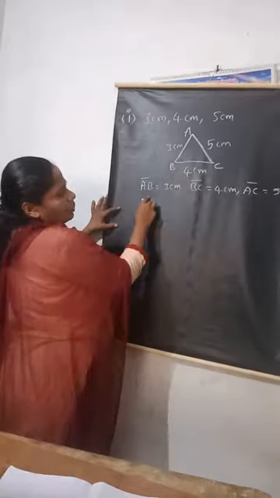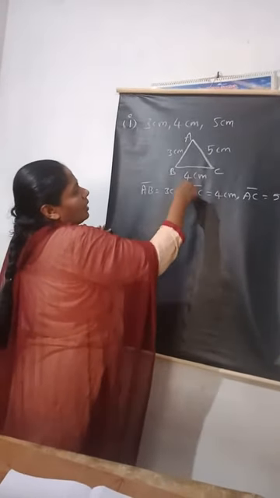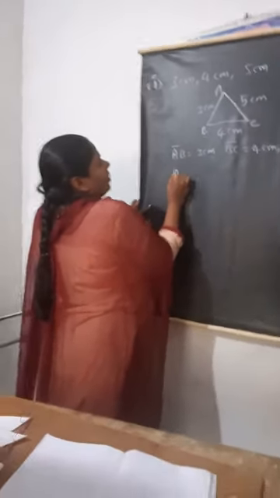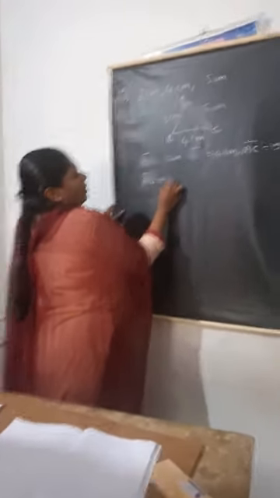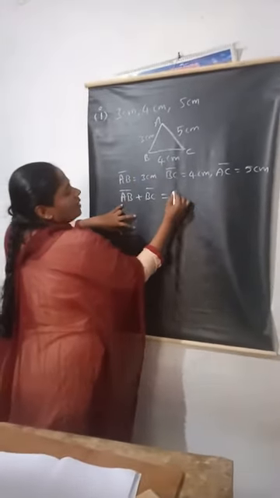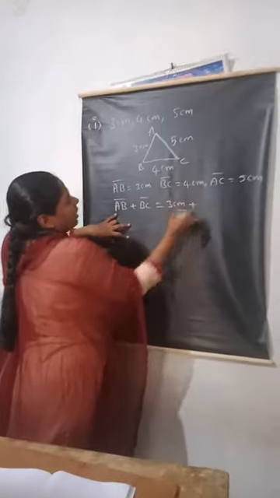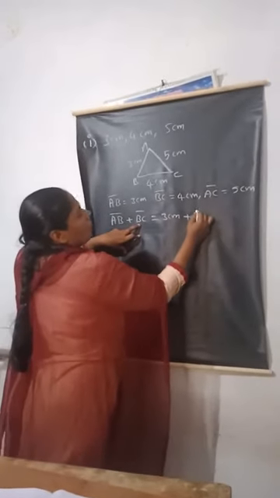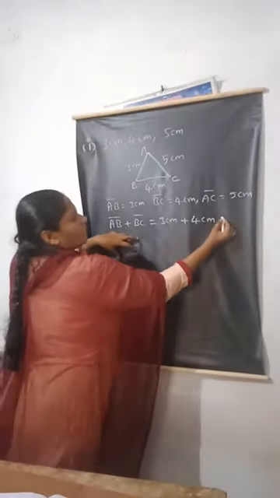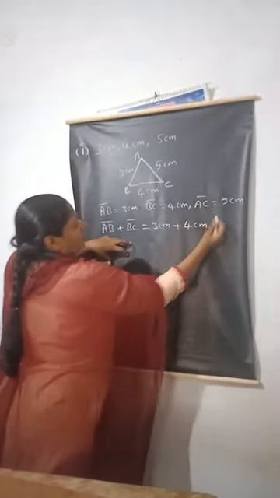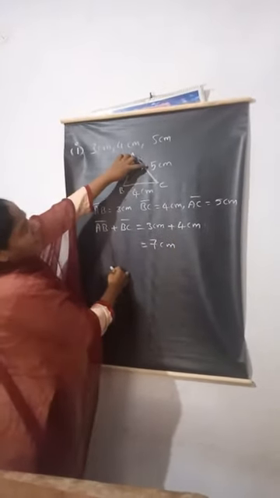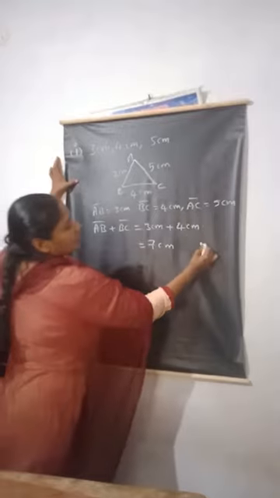Now, adding any two sides, the measure should be greater than the third side. AB plus BC. What is the measure of AB? 3 centimeters. What is the measure of BC? 4 centimeters. What is 3 centimeters plus 4 centimeters? 7 centimeters. What is the third side? 5 centimeters, AC.